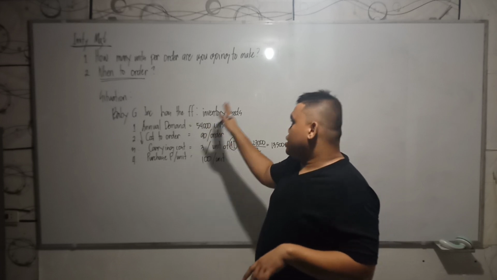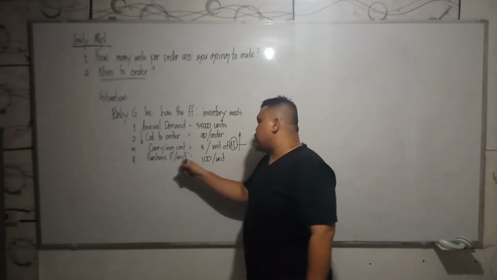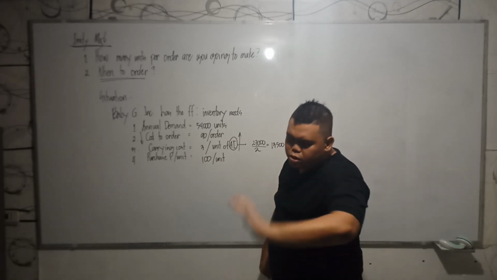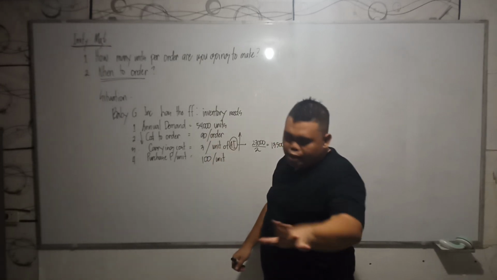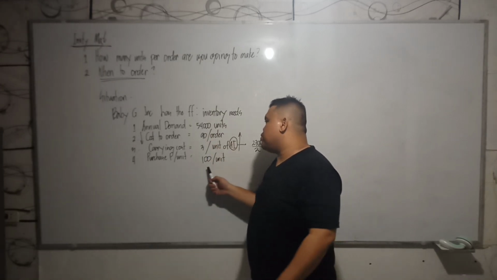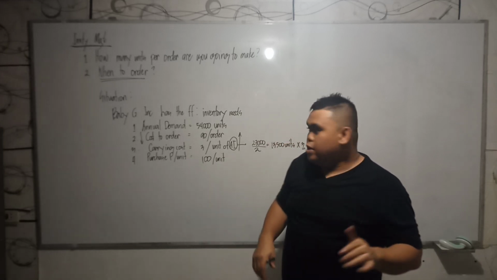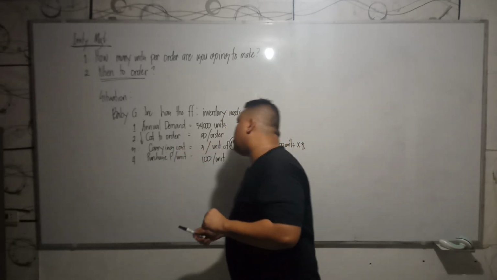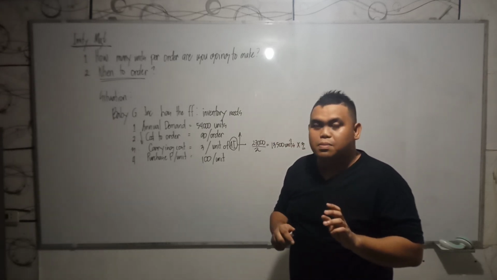Okay? Now, the purchase price per unit, whatever you decide, how many orders you make, how many units per order you make, is unaffected. So this given is irrelevant. What we want is for the cost to order and the carrying cost to be minimized as much as possible.